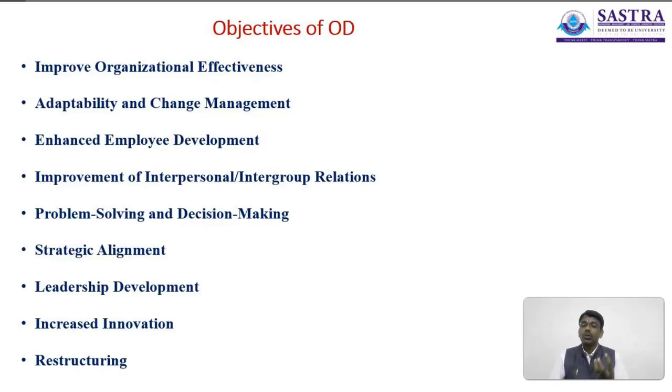Through various OD interventions, organizations can identify inefficiencies, improve workflows, avoid duplications, and create a more productive environment. Focus areas should be productivity, time consumption, waste reduction, and 100% perfection with respect to quality and quantity of commodities.